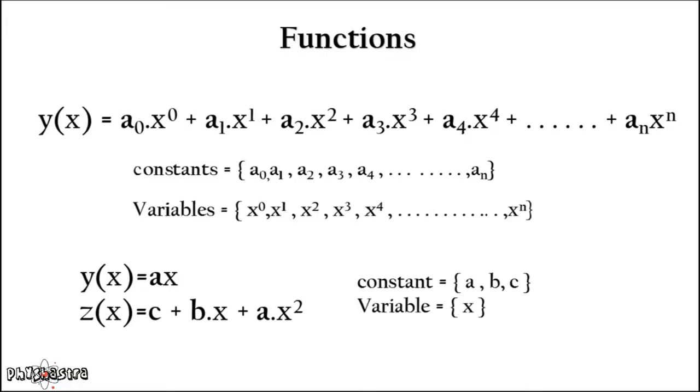See, in the function, you can change the name. The function can change its name, but the function will depend ultimately on the variable x. In that case, you can take any other variable also. But you need to fix the variables, the constants, and the function name to form a polynomial. Therefore, we need a function which consists of constants and variables.